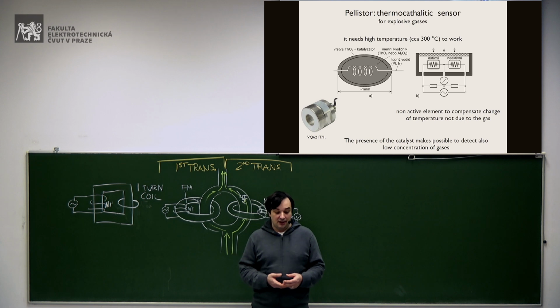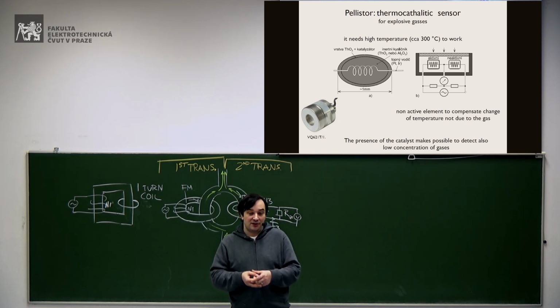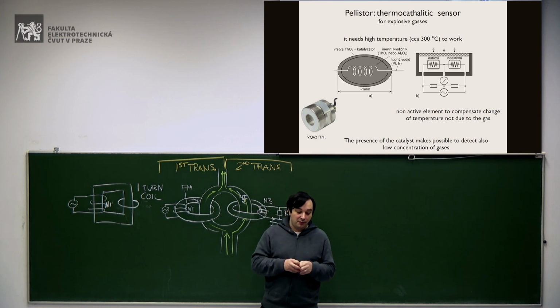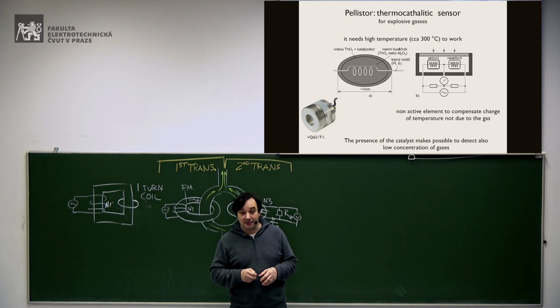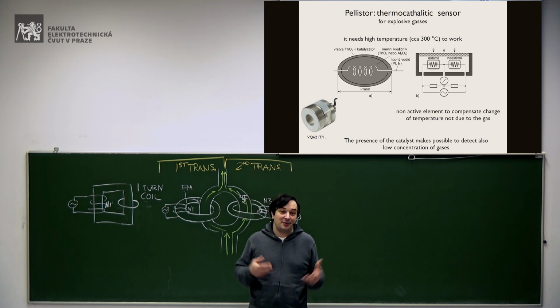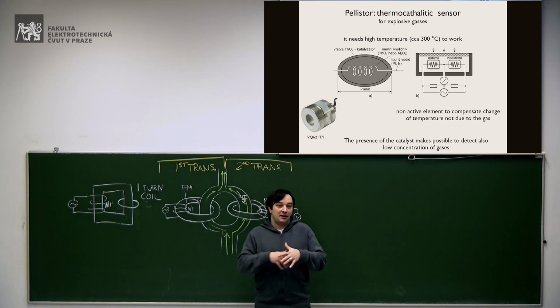Of course, in front of these sensors, there is always some protection, some sort of very dense grid, which lets the gas enter, but avoids that the sensor ignites some flames. It's a sort of flame barrier.